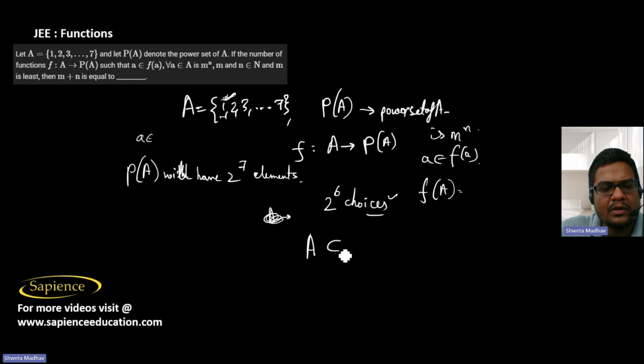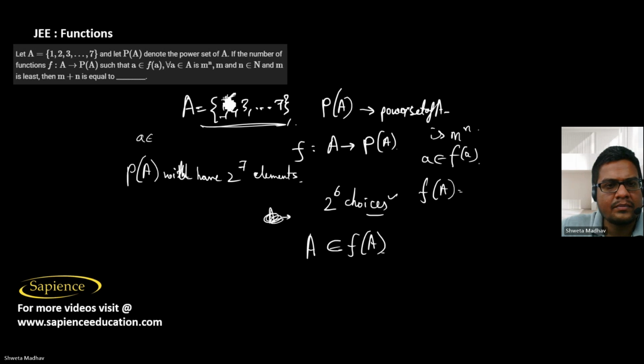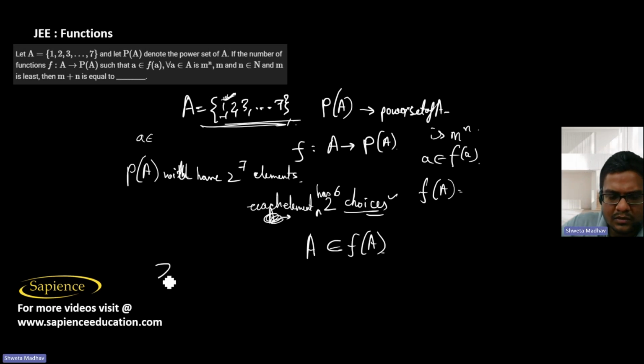That means that a should belong to f of a. This a, the set A. So here each element has got 2 power 6 choices. So there are 7 elements. So there will be 2 power 6 power 7. These many functions can be found.